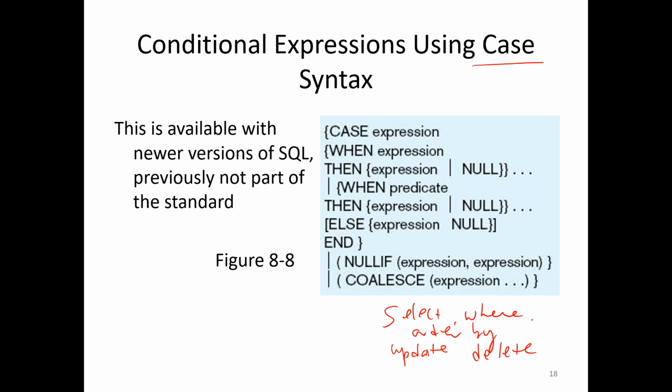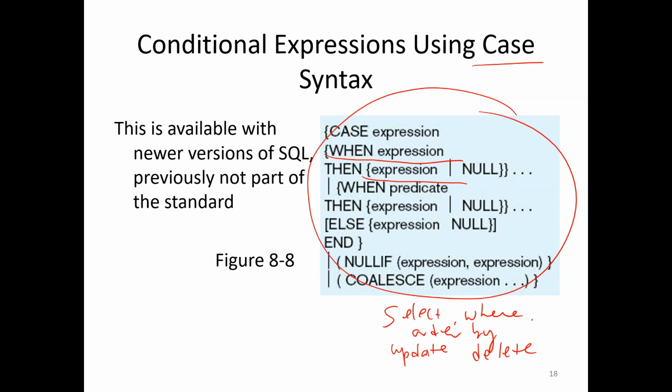So here's the syntax for the case expression, and you can use a series of when followed by an expression that states a condition, and then followed by an expression that shows the action if the condition is met, to show different treatments for different situations.